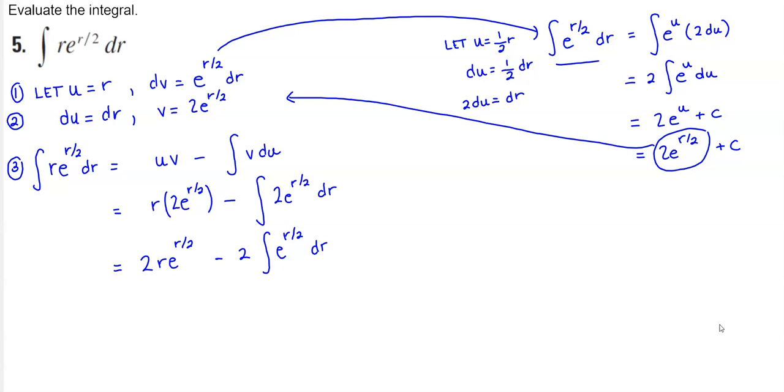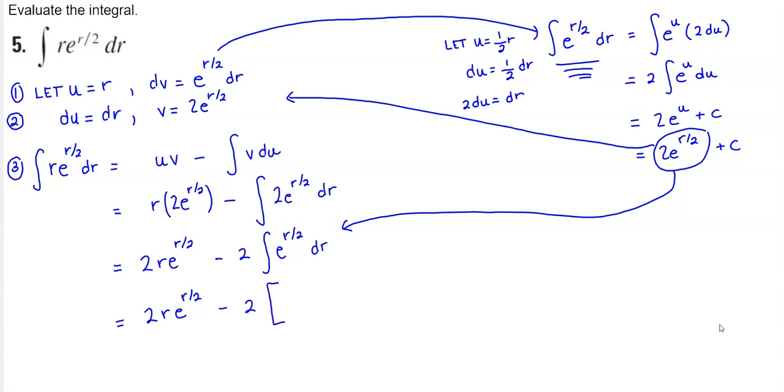Well, we already did that over here, and we end up getting this for the antiderivative of that. So this is going to equal the following: 2 times r e to the power of r over 2 minus 2 times 2 times e to the power of r over 2.